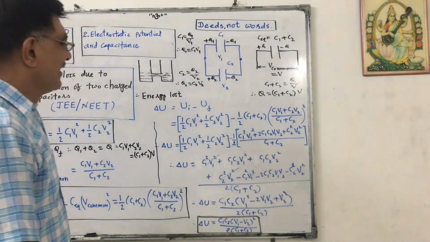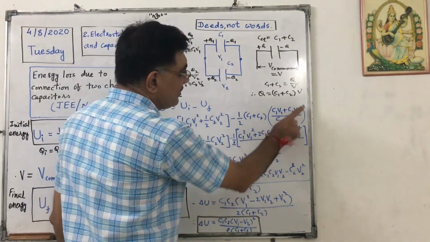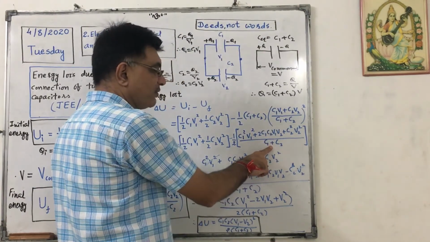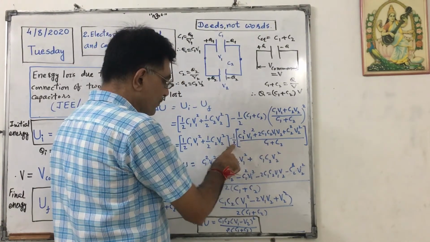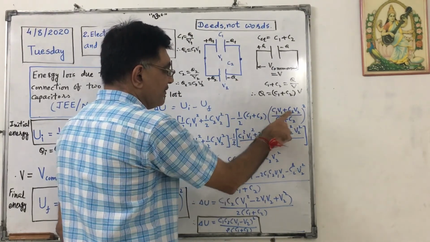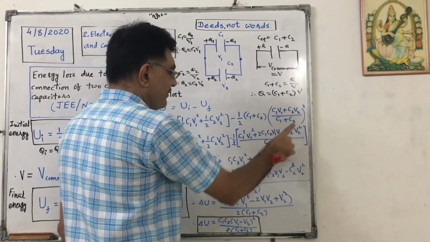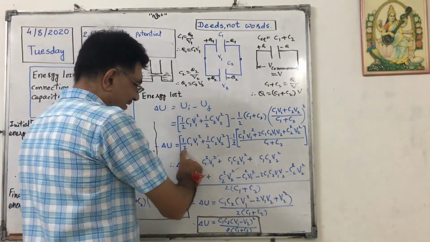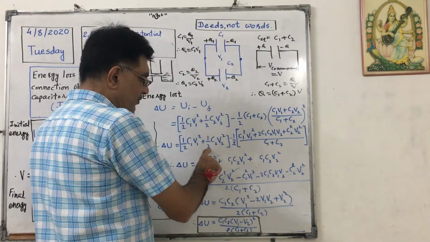Here it is C1 plus C2 square, so one C1 plus C2 will cancel, and one C1 plus C2 will remain. Now squaring this gives C1 square V1 square plus 2 C1 C2 V1 V2 plus C2 square V2 square.